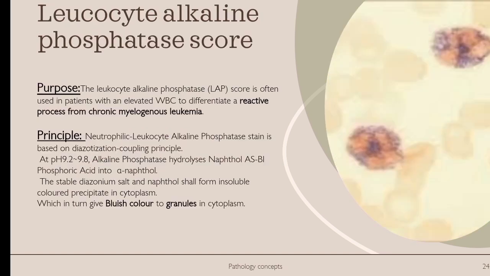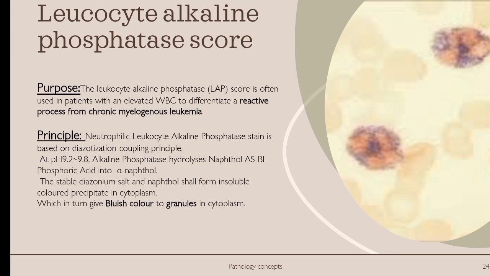The last stain is the leukocyte alkaline phosphatase score. The LAP score is often used in patients with an elevated WBC to differentiate a reactive process from chronic myelogenous leukemia. The LAP stain is based on the diazotization and coupling principle.